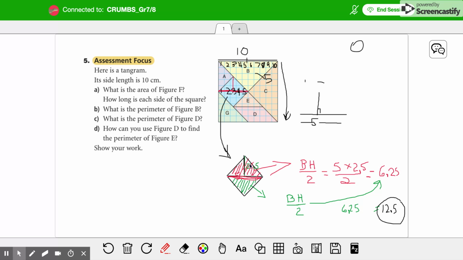So the area of figure F would be 12.5, and it asks how long each side of the square is. So each side of the square would be 5. Well, this leads into the other way you could have calculated this, which is a little bit more complicated.